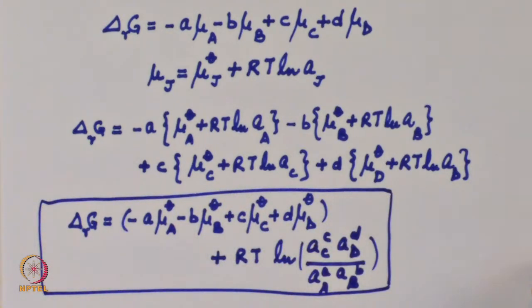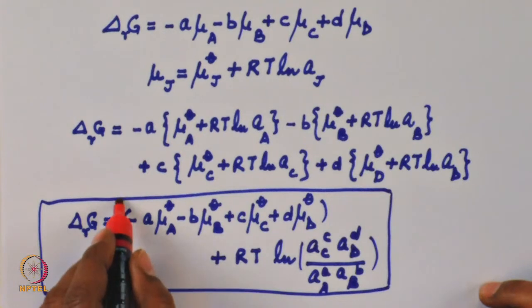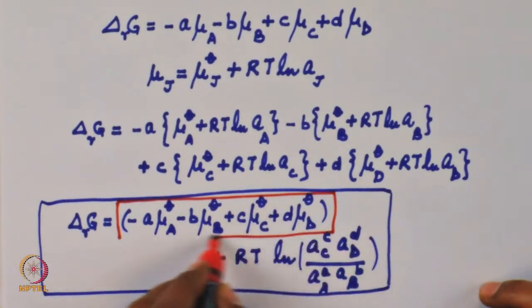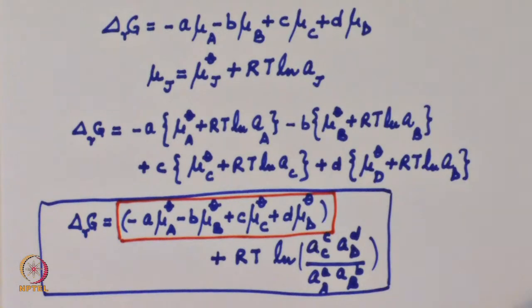In this equation, let us try to identify: this part is the standard reaction Gibbs energy, because this is equal to the difference in the standard state chemical potential of products minus that of the reactants weighted by their stoichiometric number. So, this is equal to the standard state reaction Gibbs energy.